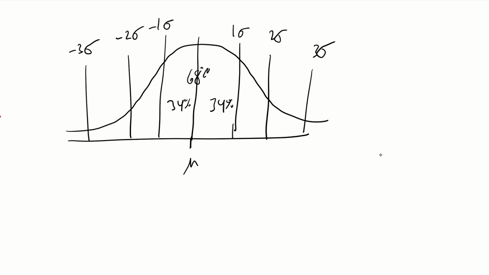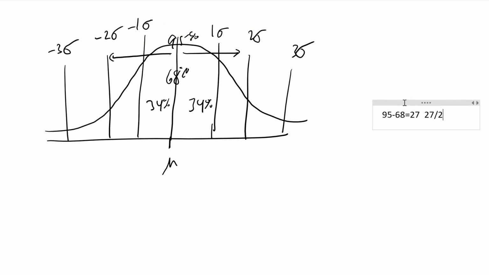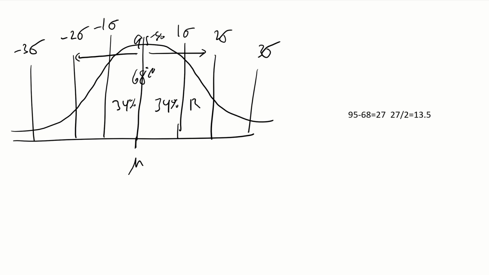From here to here is 95, which means each of these has to be 95 minus 68, so 27, divided by 2 because we have to cut it in half. So each of these is 13.5. Then finally, from here to here is 99.7.